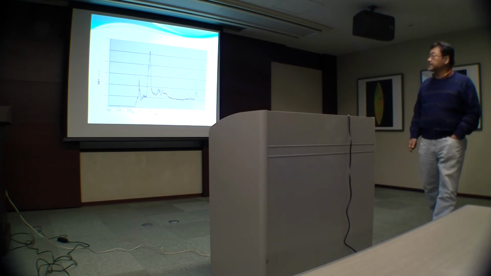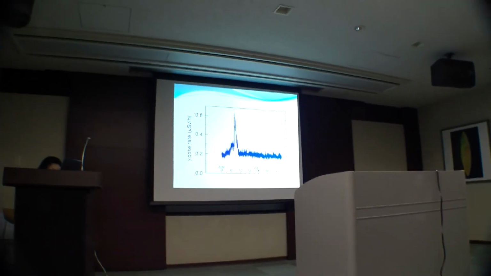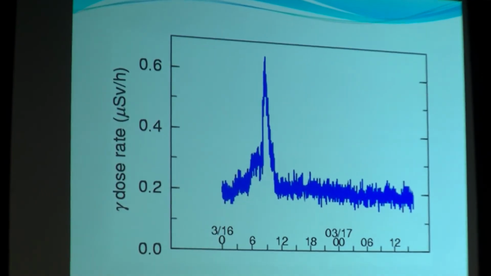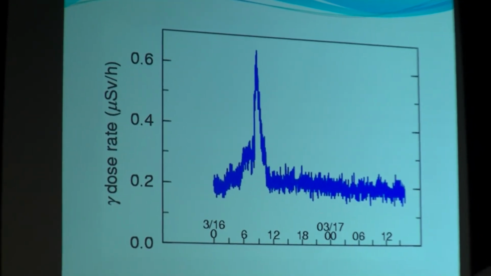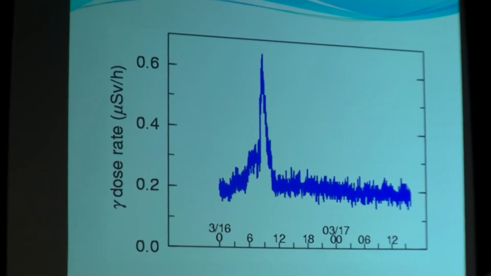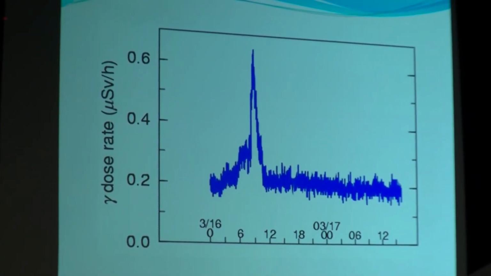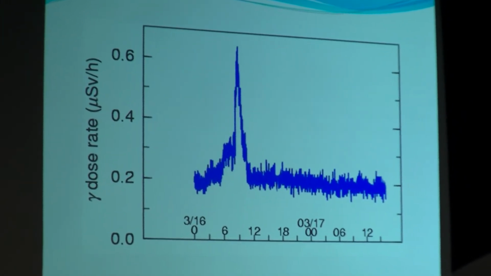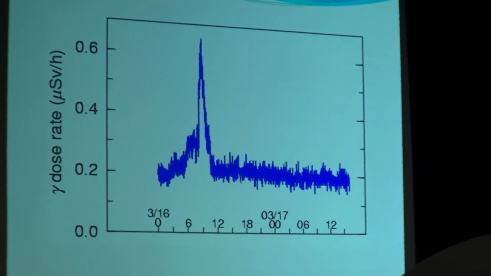Next one, please. Now, on that web page, what you see is this. This is about 2 hours ago. This is March 17th, this is noon, and we are right here. Now, this one is microsievert per hour. The unit is correct now, finally, because I'm not typing it.